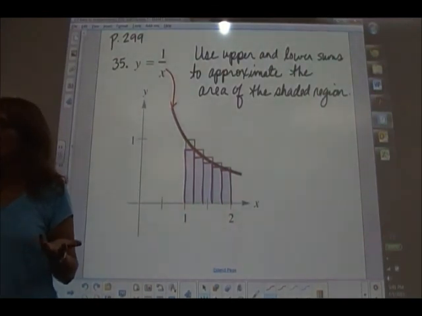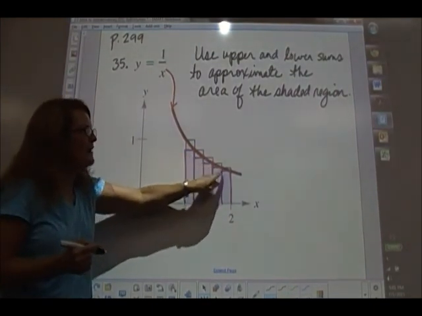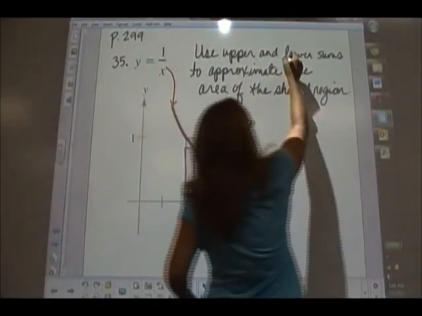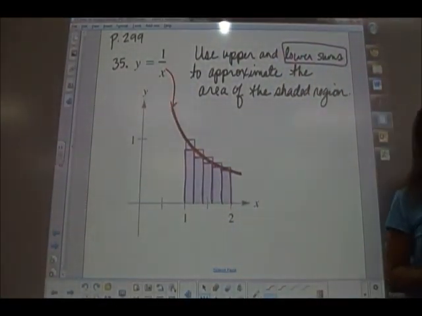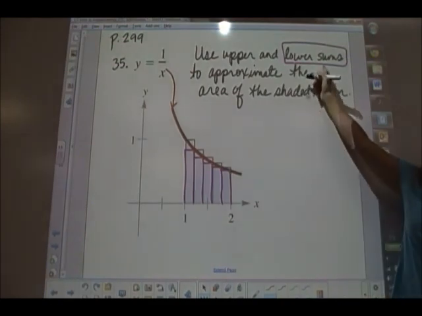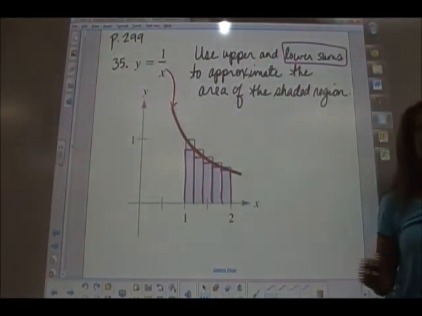It would be too little, because I've got these little pieces here that would not be included. So the purple represents the lower sum. Let's talk about how to find that lower sum: the area underneath that red curve using lower sums between 1 and 2 using 5 increments.